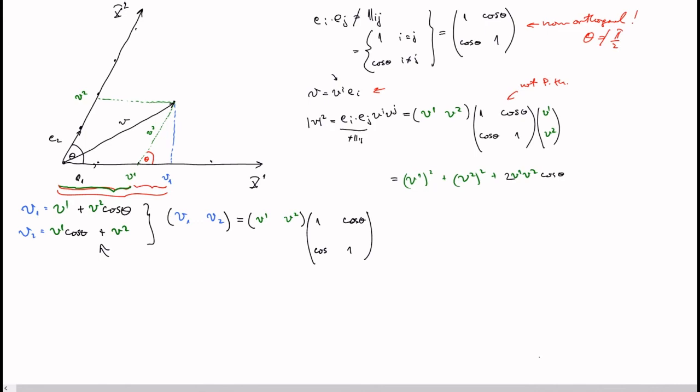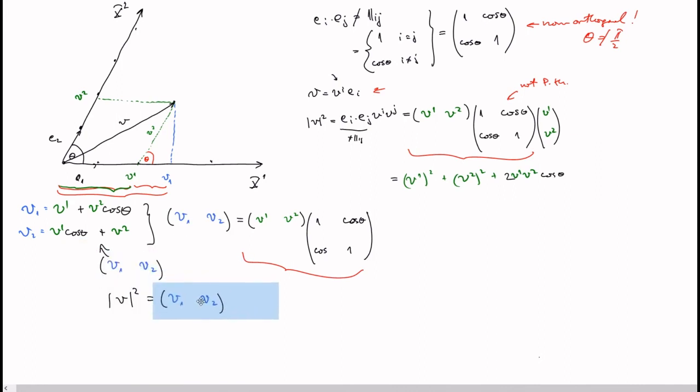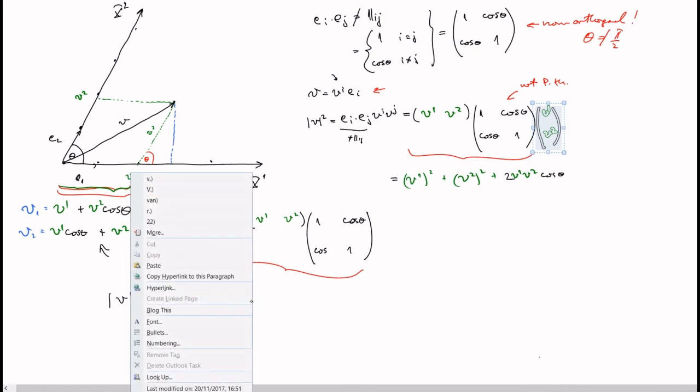But take notice of this. Look at this one and look at this one. They're exactly the same. So wait a minute, I can write v squared, the length squared, as the blue ones, yes, I'm doing this instead of typing because I'm lazy, the blue ones times the green ones.